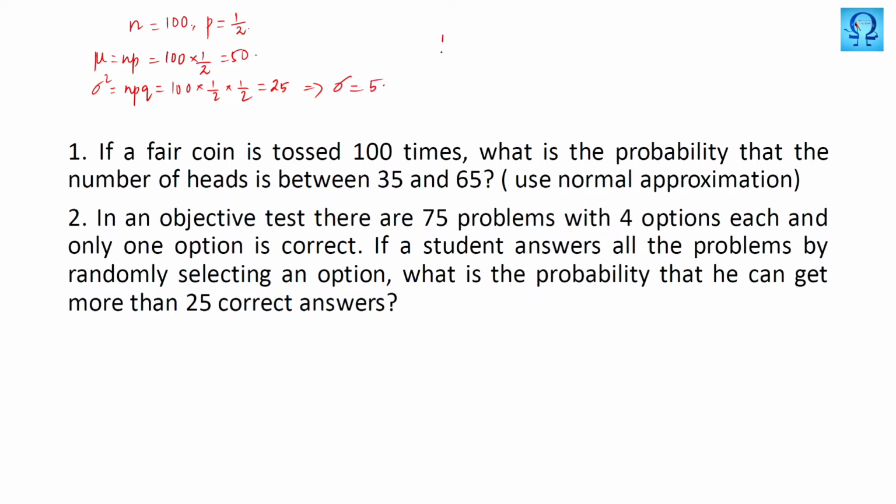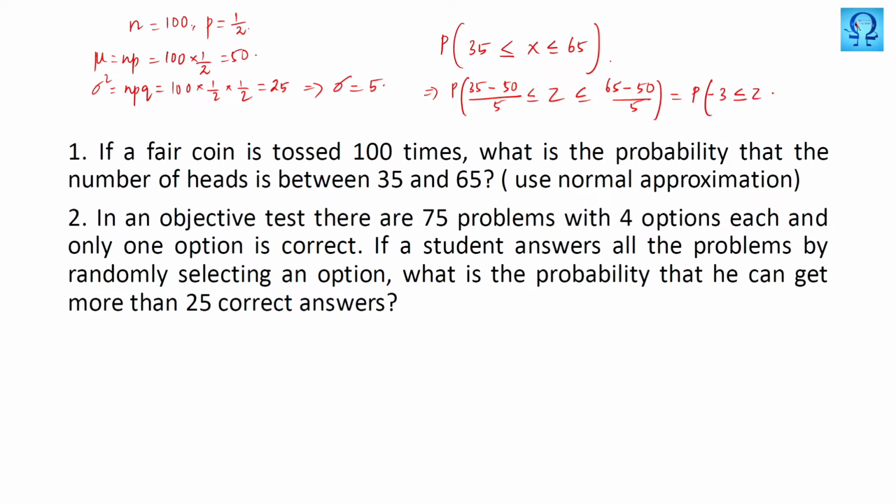You are asked to calculate the probability that the number of heads appearing is between 35 and 65. We convert this into 35 minus mu, which is 50, upon 5, less than or equal to the standard normal variate, less than or equal to 65 minus 50 upon 5. So minus 15 and 15 upon 5 gives minus 3 less than or equal to Z less than or equal to 3.